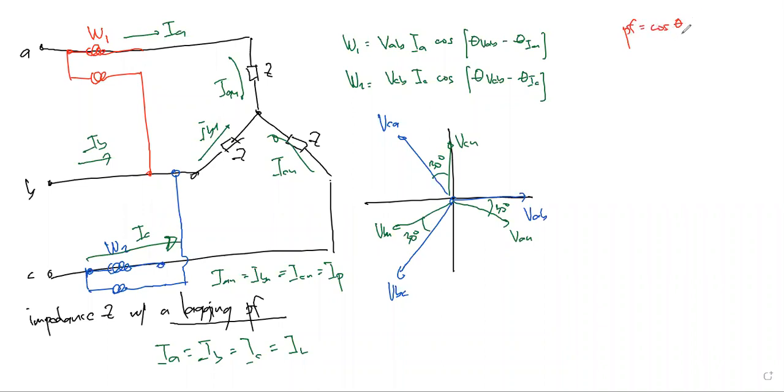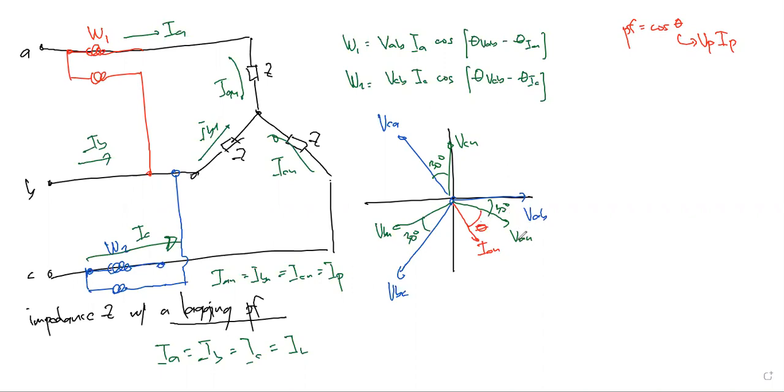Remember, theta is the angle between VP and IP. Since we have a lagging power factor, the current IAN lags by an angle theta with respect to VAN.